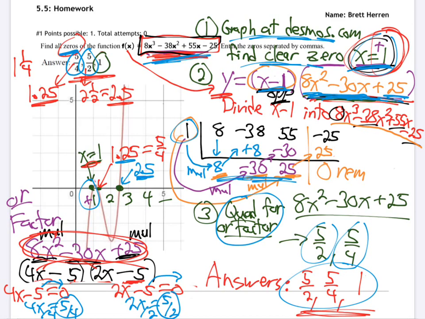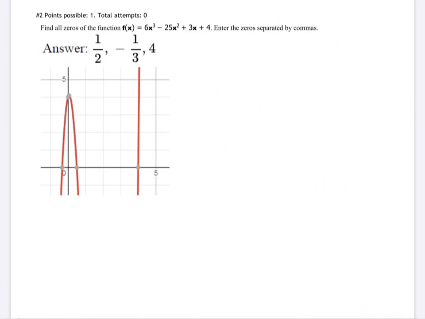So there we go. It's all coming from Desmos. Let's go to number 2 here. So again, we'd have to do step 1 up here. The graph would be at desmos.com, and you would find an easy or a clear 0.